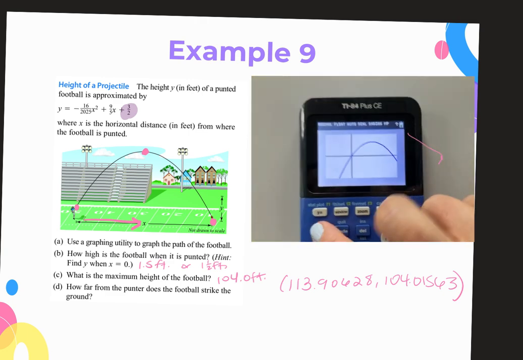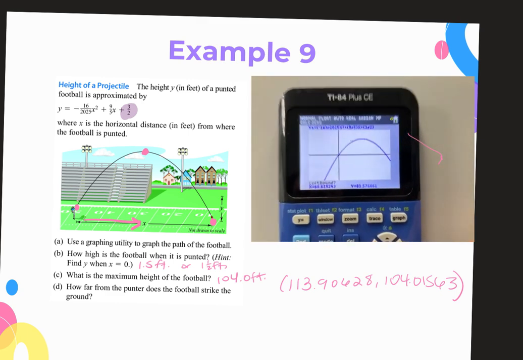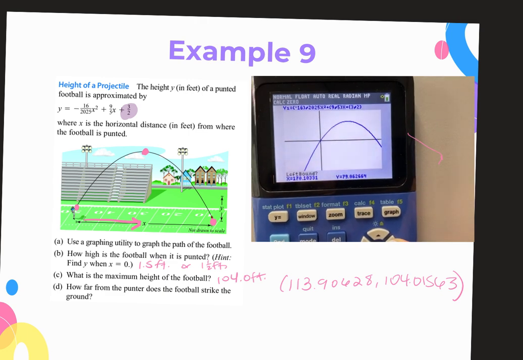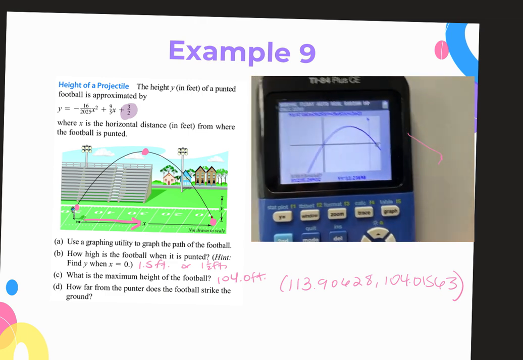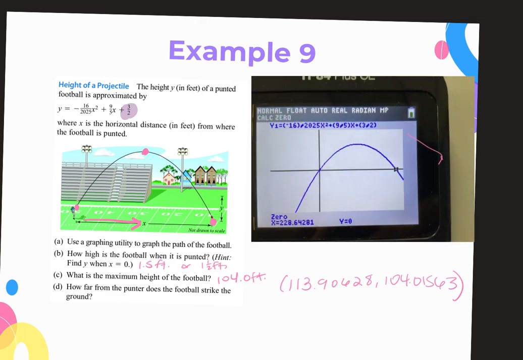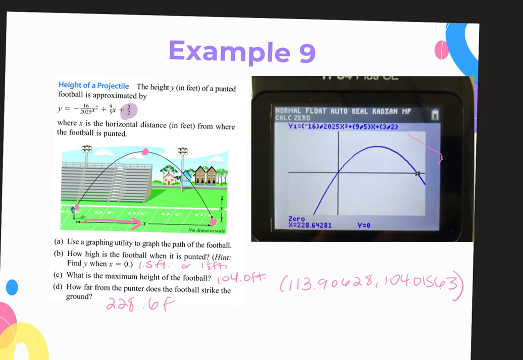So I can hit second, trace, 0. I'm left of it. I'm right of it. And guess, and it's going to bring you to the 0, which is 228.6 feet.